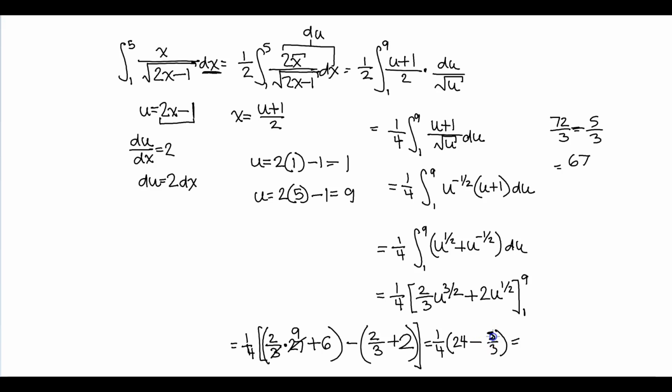So we have 8/3. So you have 72/3 minus 8/3. That gets us 64/3. And we have 1/4 times 64/3. Cancel, cancel, 16. And we get 16/3. So our final answer is 16/3.